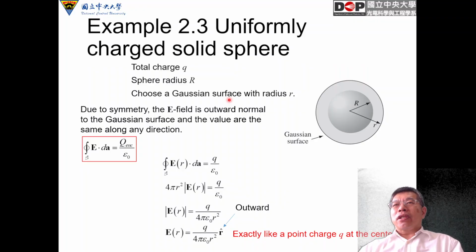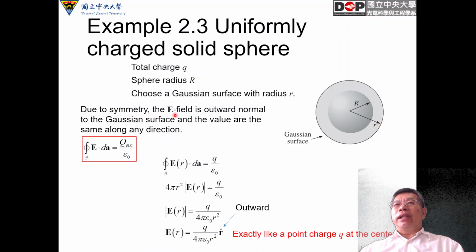You just choose the surface. Choose a Gauss surface that encloses this charge-distributed sphere, so the charge is inside. We cover it, centered at the same point. This Gauss surface has radius small r.